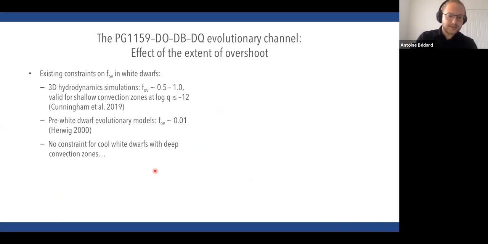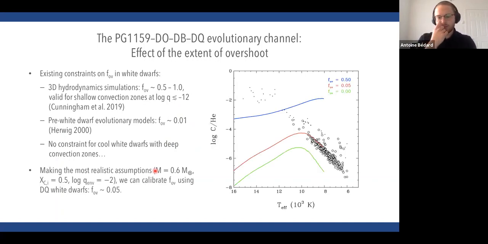But fortunately, our simulations, coupled with the observations of DQ stars, allow us to calibrate the extent of overshoot. So if we make the most reasonable assumptions for the other parameters, such as a 0.6 solar mass star and so on, yes, we can calibrate the value of F. So this plot shows the effect of changing F while keeping all other parameters fixed.